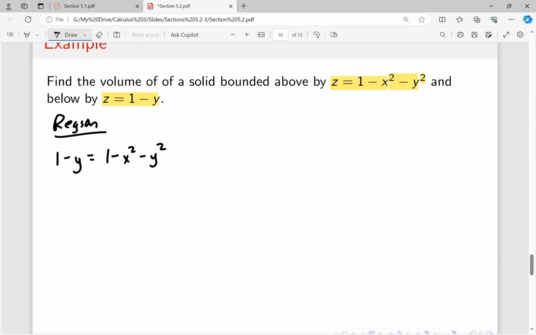So let's move everything over to the left side. x squared, subtracting, the ones cancel out, plus y squared minus y equals 0. So how do we figure out this region? Well, one way might be to complete the square.